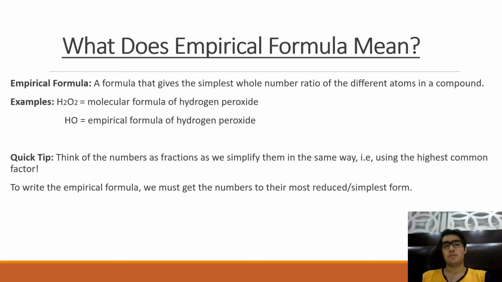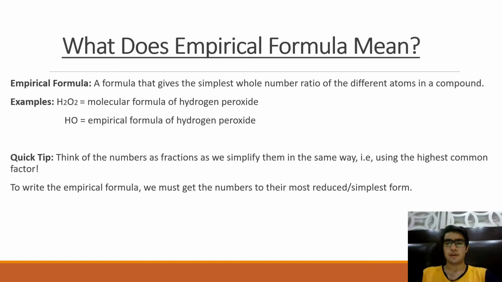How did we get HO? We simplified the whole number ratios. Both of these twos are divisible by 2. 2 is the highest common factor between them, so you divide these twos by 2. 2 divided by 2 is 1, and 2 divided by 2 is 1, so you get HO as the empirical formula of hydrogen peroxide.